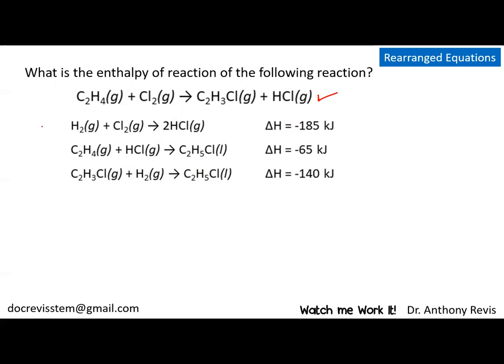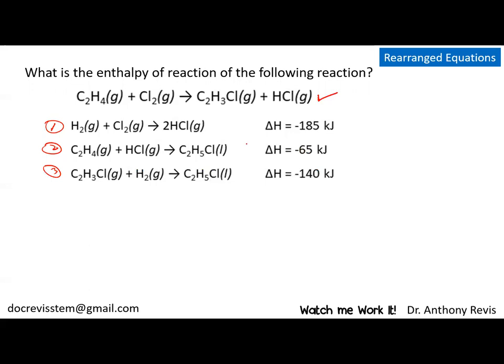So we want to rearrange equation 1, equation 2, and equation 3. These are all from standard tables until it looks like our final reaction shown above. All right. So when I look at this, and I have these values, let's see if I have everything here in a good order. Yes, I do.